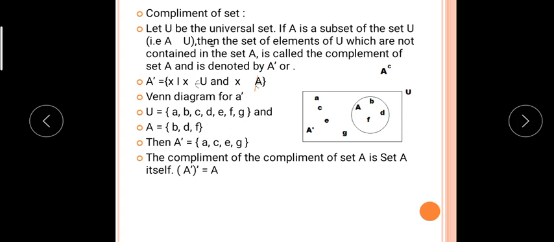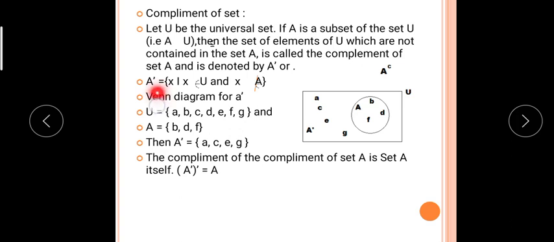Okay, so how many numbers are in set A? 1 to 5. So which numbers are not in A but in the universal set? Those are 6, 7, 8, 9 and 10. So these are called the complement of A. In short, the elements which are not in A are called the complement of set A, and it is denoted by A dash or A C. Instead of a dash we can write a small c on the head of capital A, on the head of the name of the set.